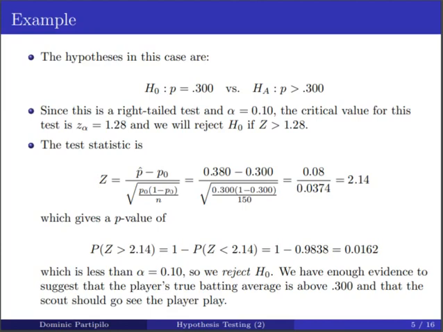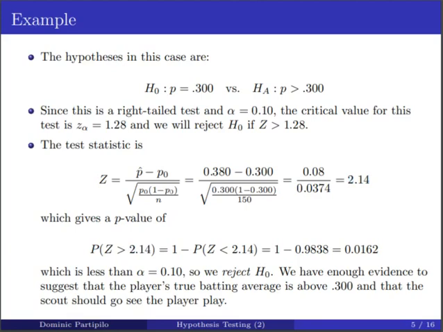But just for the heck of it, let's calculate the p-value here. So the p-value is the probability of observing something as extreme or more extreme than what we saw. So in probability notation, that's going to be the probability that z is greater than 2.14, our test statistic.